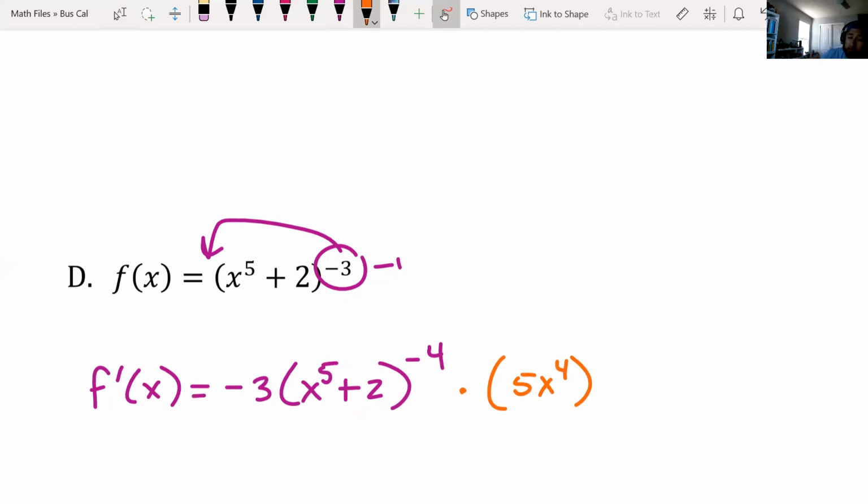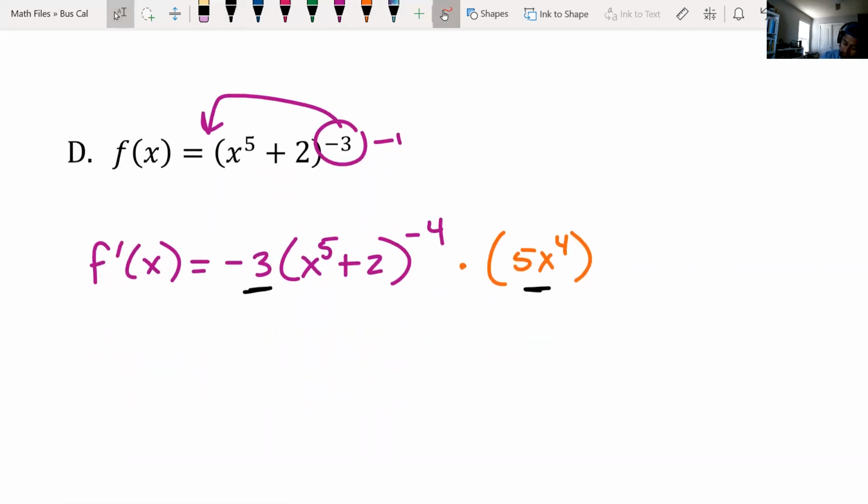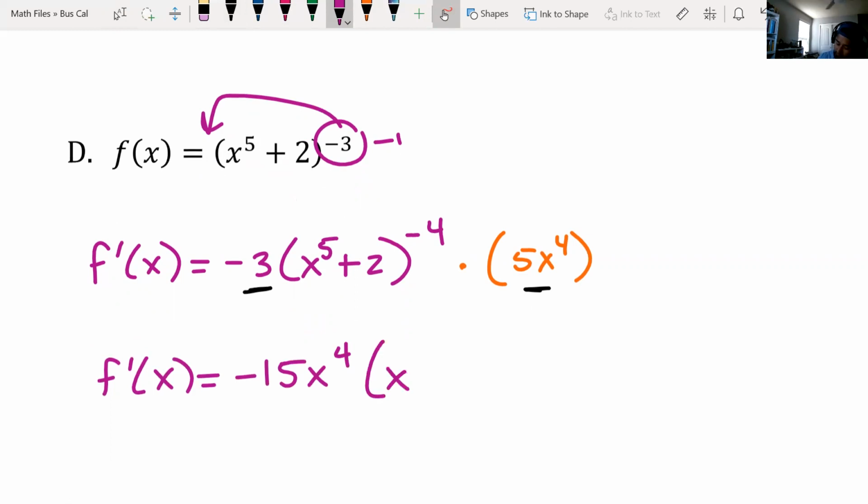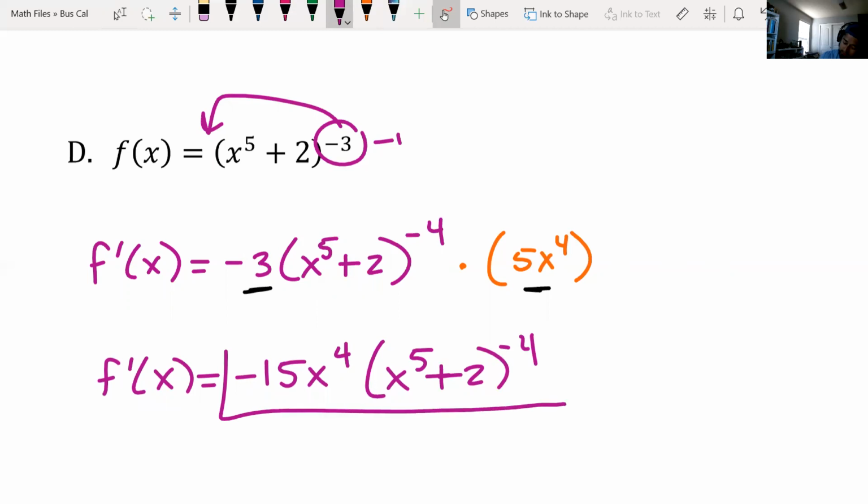So derivative of outside times derivative of inside, and then again, just multiply these two numbers together. And f prime of x is equal to negative 15 x to the 4th times x to the 5th plus 2 to the negative 4. And that's it.